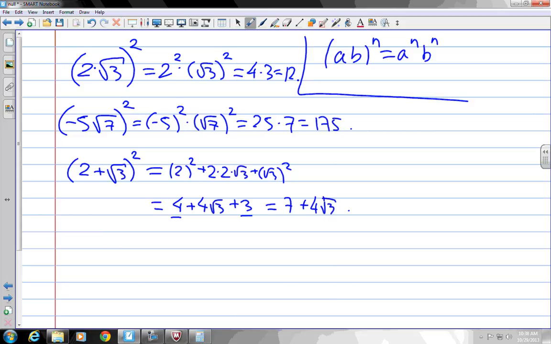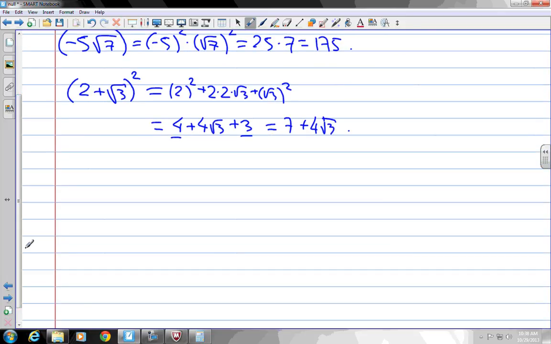So every time you're trying to square a sum, no matter what that sum is, you got to use the formula. Okay? At the same time, if I do something like 2 plus the square root of 3 times 2 minus the square root of 3, I can again use my formula, because that's the difference of squares, right?